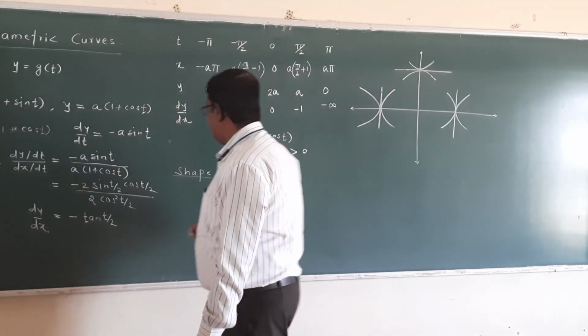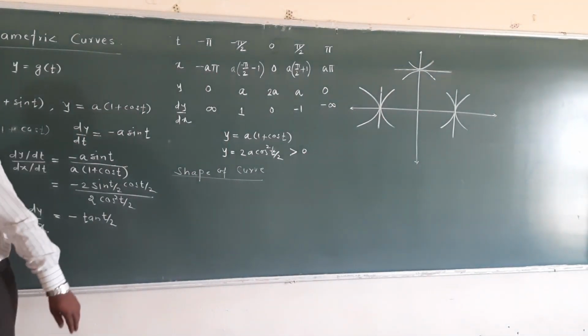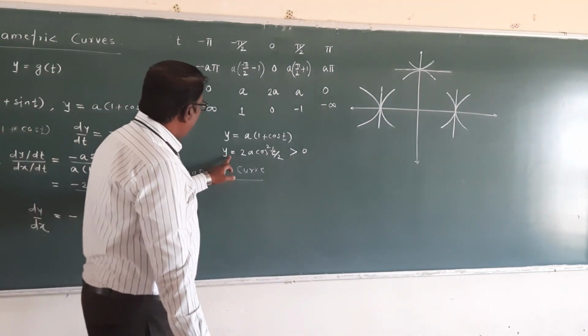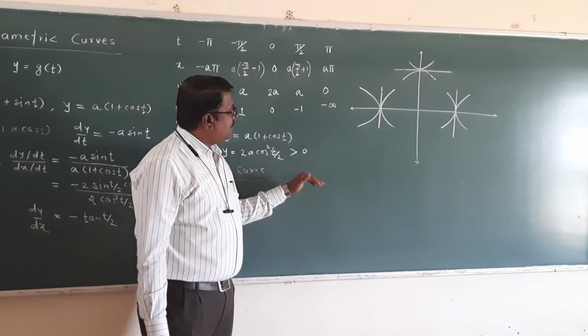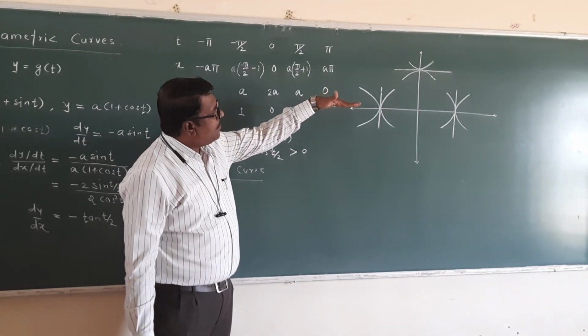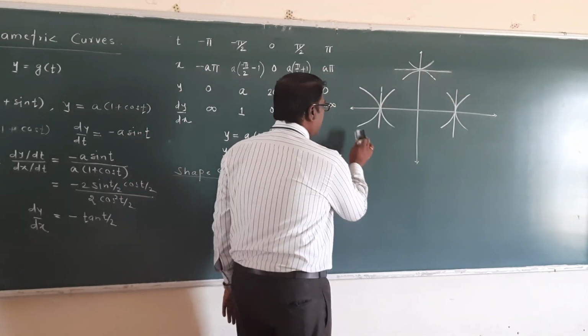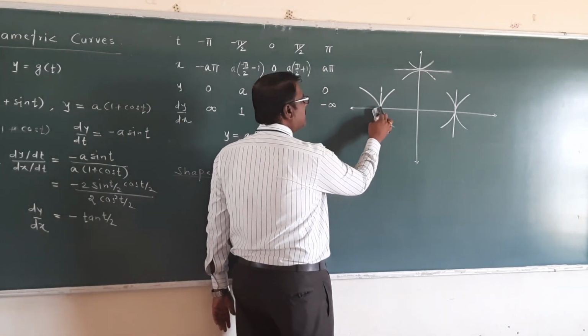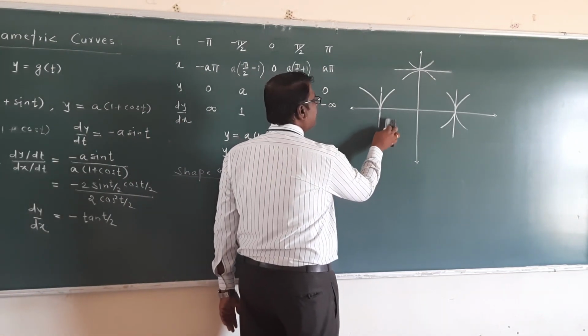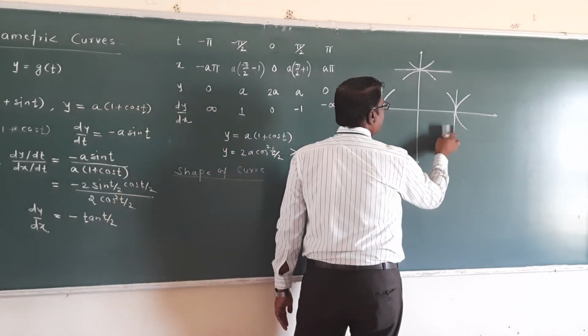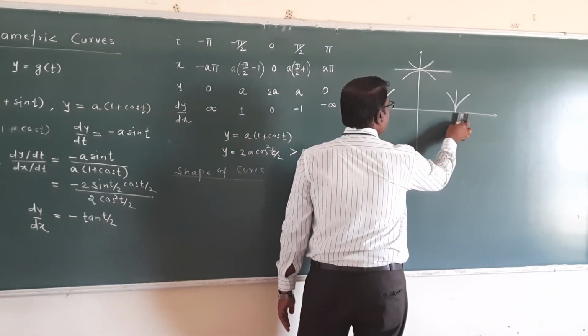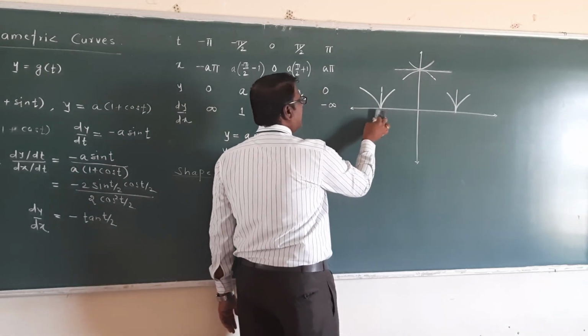But here, in the region of absence, y is always greater than 0. If y is greater than 0, the curve lies above the x-axis, and therefore I am going to erase this part. Below the x-axis the curve is absent, so I can erase this, and again this.